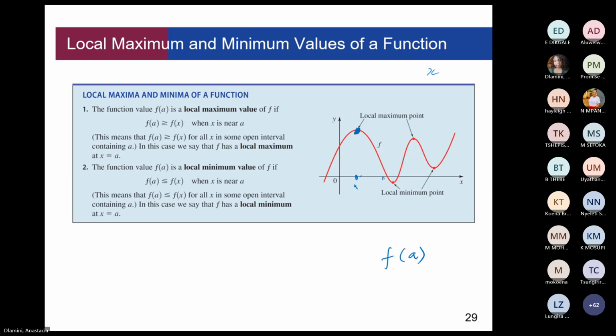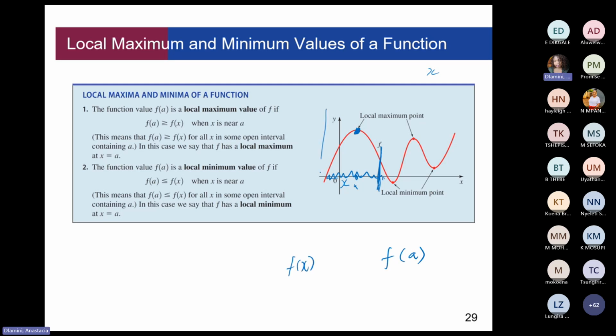Right? Now, these values between, let's say, here and here, we don't know the values there, isn't it? But we know that those are x values, isn't it? Yeah. So these values are represented by f of x.